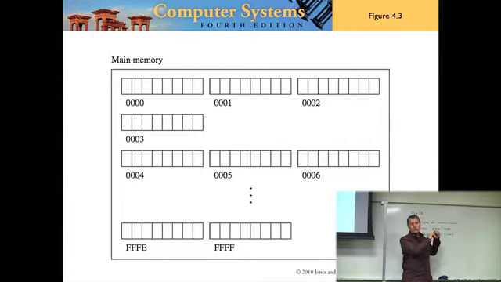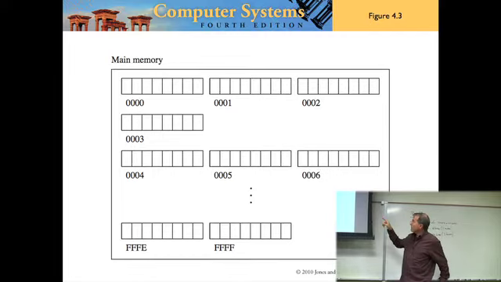So imagine that every byte in main memory is like a mailbox and it has an address on the front, and that's different from the content that's inside the mailbox. Are you with me? So you got to keep straight the address from the content. The address is the number on the front of the mailbox, and the content is like a little piece of paper with data on it inside the mailbox. Is everybody clear on that?